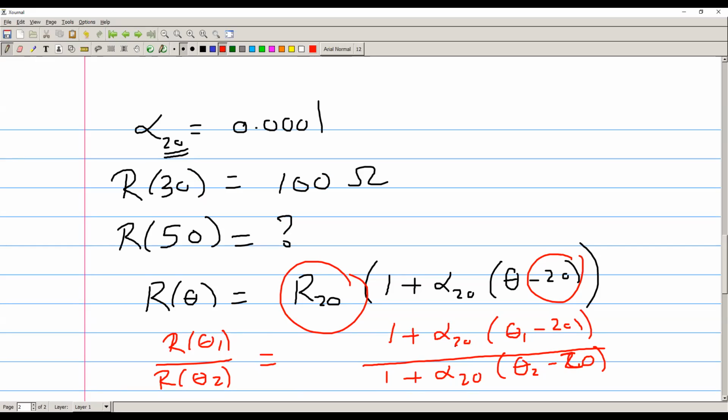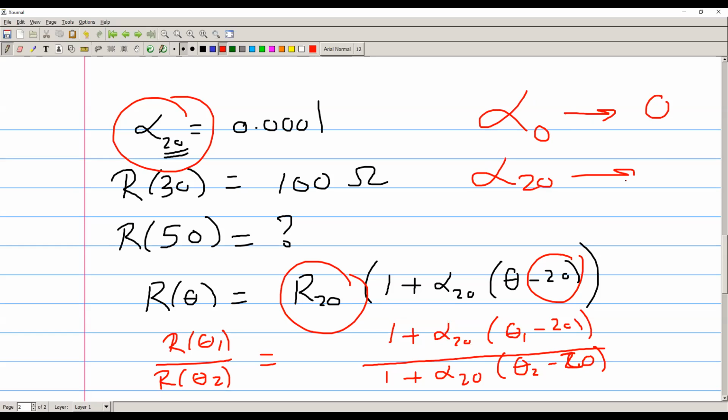Just be sure to use the correct reference temperature that you're given with the temperature coefficient of resistance. If I'm given alpha 0, then everything is relative to 0. If I'm given alpha 20, then everything is relative to 20. This applies here and there. Is that clear?